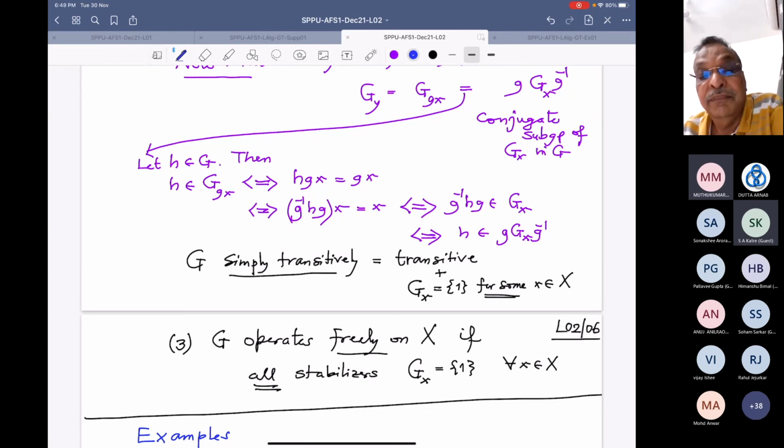So the difference is only for the transitivity part, right? Of course, but that makes a difference, because in the orbit how the stabilizers are related, that we saw. Okay. Transitivity means there is only one orbit. All right.